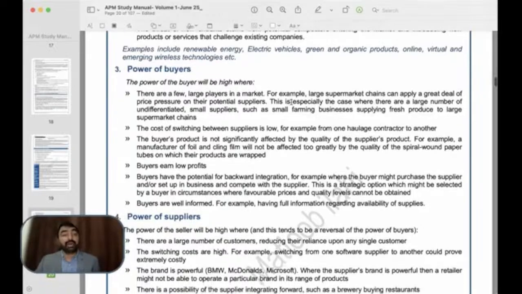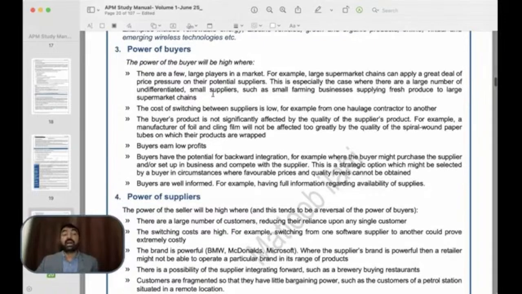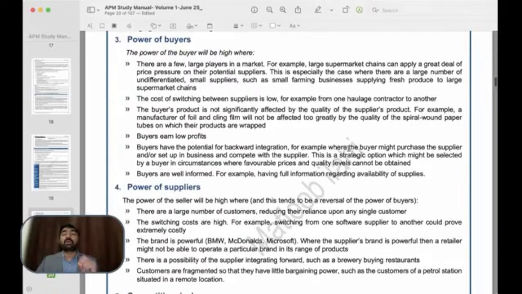Next, power of buyers. The power of the buyer will be high where there are few large players in a market. For example, a large supermarket chain can apply a great deal of price pressure on their potential suppliers.